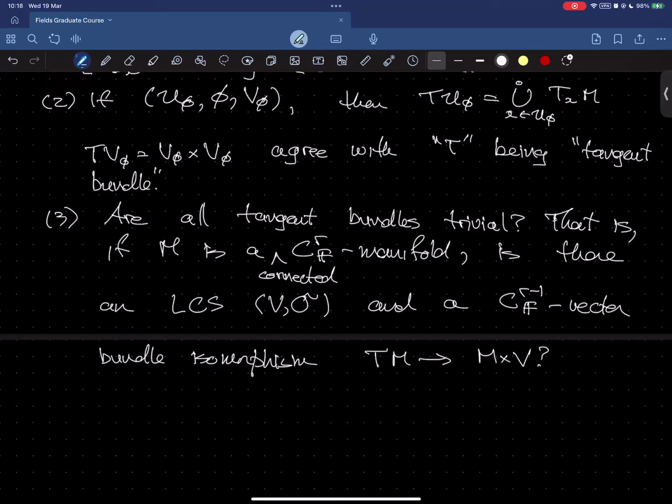Okay, so that's my question. That's what I mean when I say are tangent bundles trivial. So I mean, is it isomorphic as a vector bundle to a trivial vector bundle?